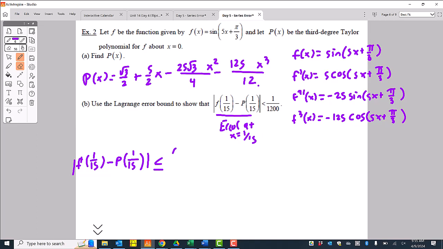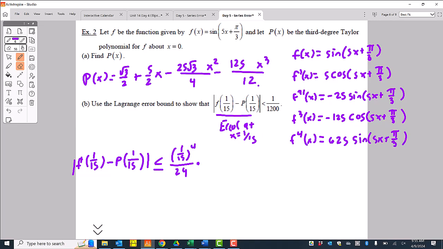So we have 1 over 15 to the 4th over 4 factorial, which is 24, times, and then the maximum of the next derivative. So 4th derivative, that's going to be 625 sine of 5x plus pi over 3.